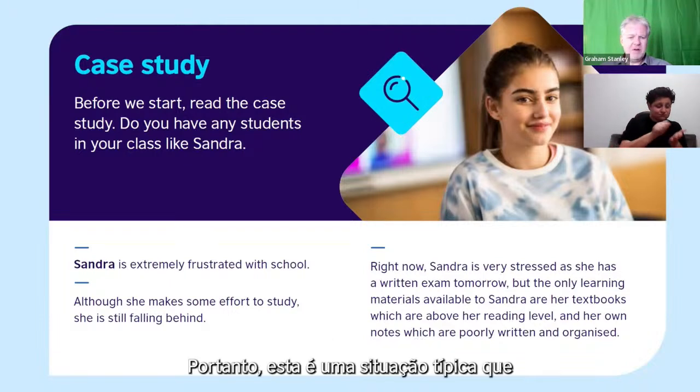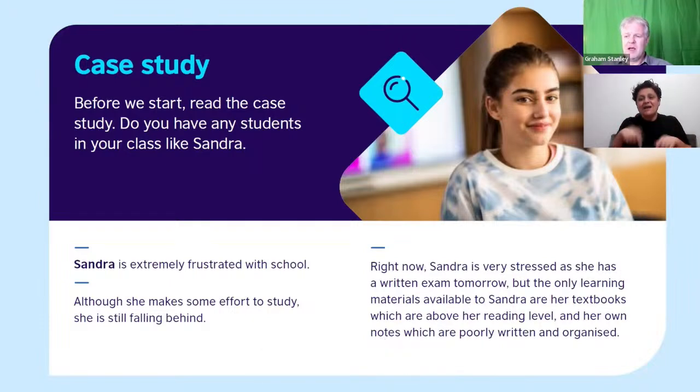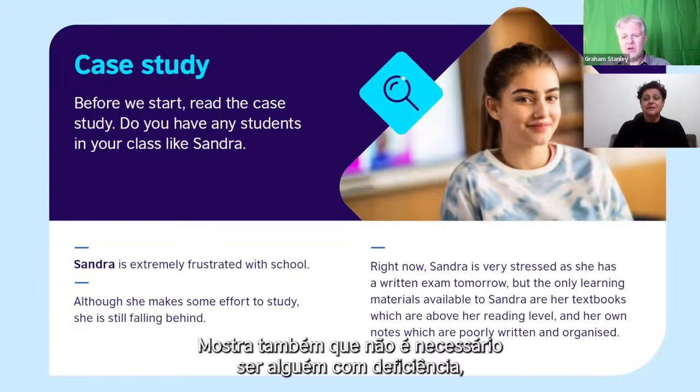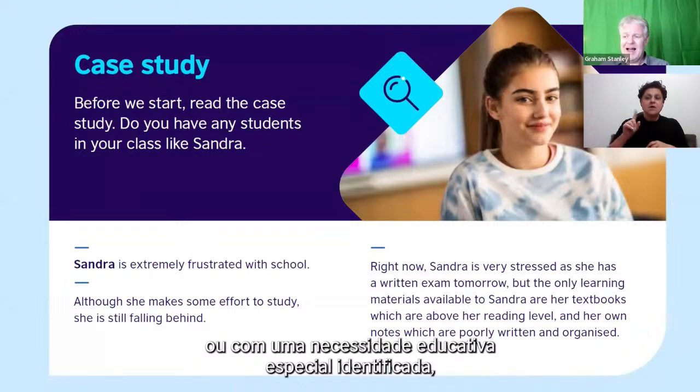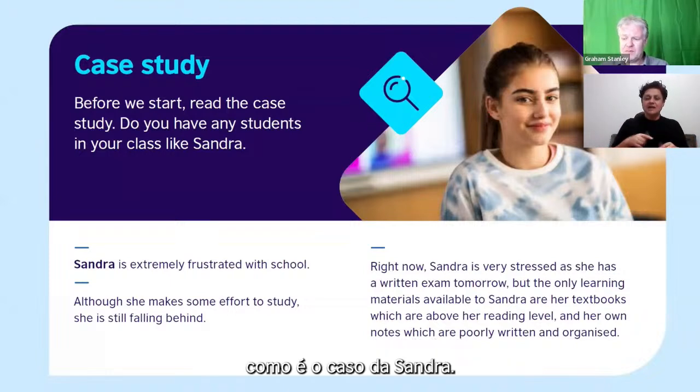So this is a typical situation that you might find with one of your students, and it's a situation that leads to a lot of frustration. It also shows that it's not necessary to have someone with a disability or a particularly identified special educational need for there to be the need for differentiation or for extra attention, which is the case with Sandra.